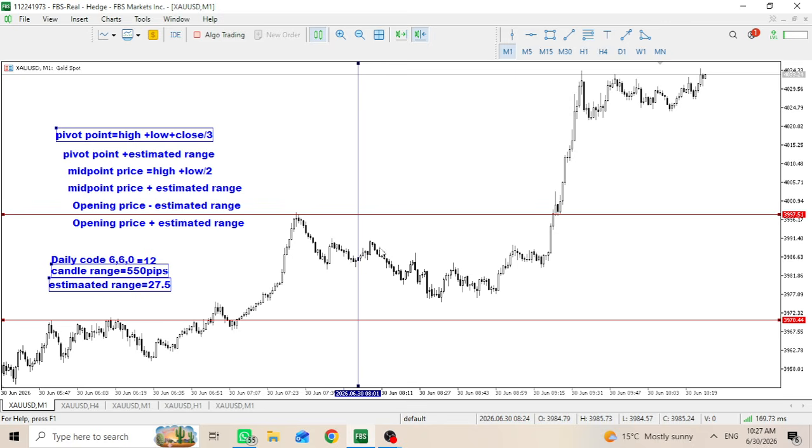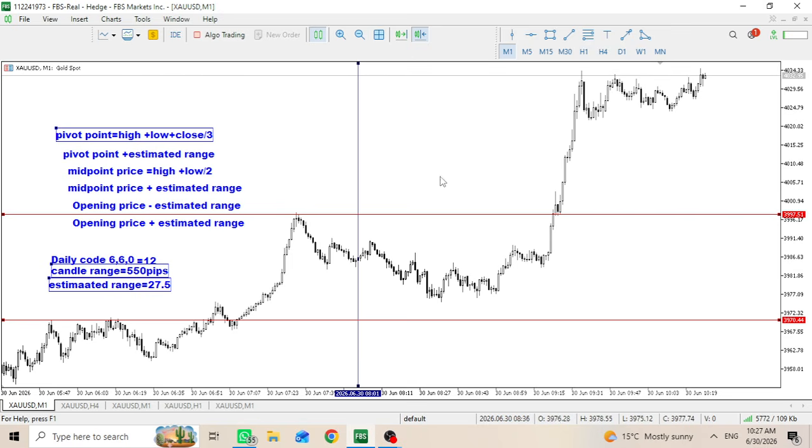Now you can see the midpoint price plus the estimated range, it's giving you the high of that 4-hour candle and a breakout to the upside. Now which else should we use?